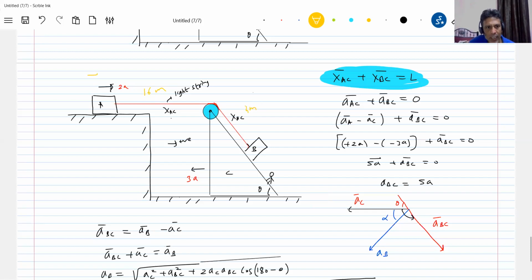Let this move by 2 meters, and let this move by 3 meters. Tell me how much will it become here? 11 meters, no? Do you agree? The length of string will become 11 meters. Then how much does the length of the string decrease? Block A will move by 2 meters, the wedge will move by 3 meters. How much decrease in length here? 5 meters. Where should it increase? It should increase here, no? This should become 9 meters.